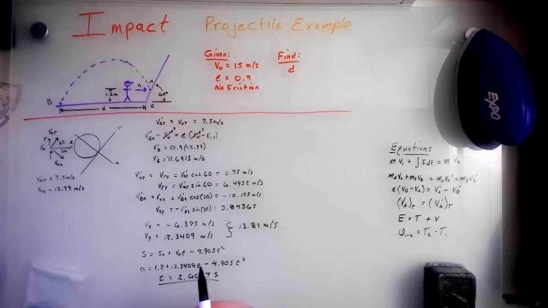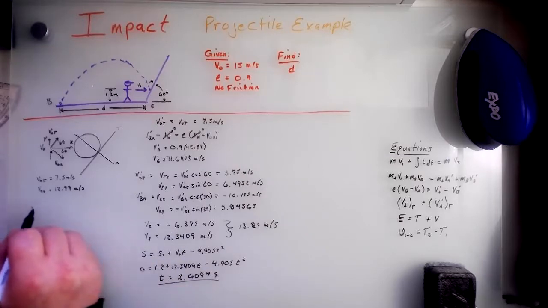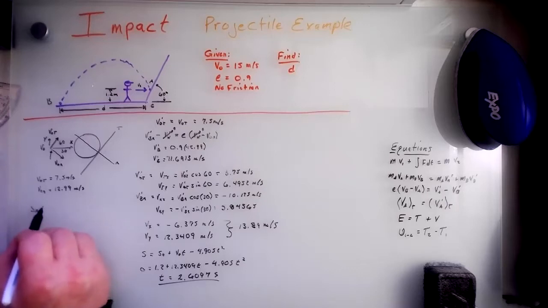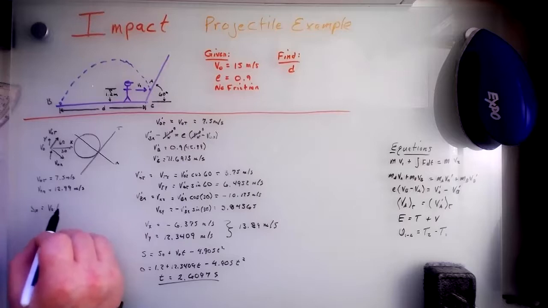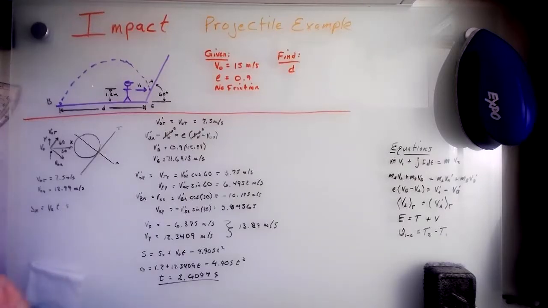Okay, so we have it moving in the negative x direction, going this fast. So overall, s in the x direction is going to be equal to Vx times t, and that is going to be 6.375 times 2.60973.